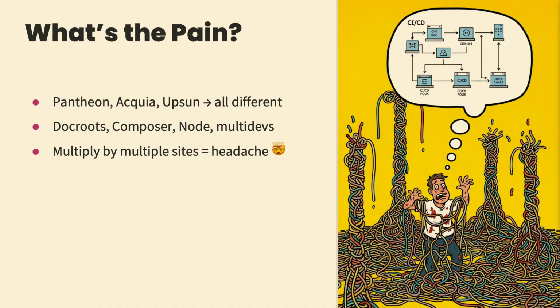Each host has its own quirks. Pantheon uses web as its document root, has integrated composer, and features multi-dev environments for development branches. Whereas Acquia prefers the docroot directory and expects you to build the assets yourself before you get it to Acquia. Platform.sh, I guess it's Upsun now.